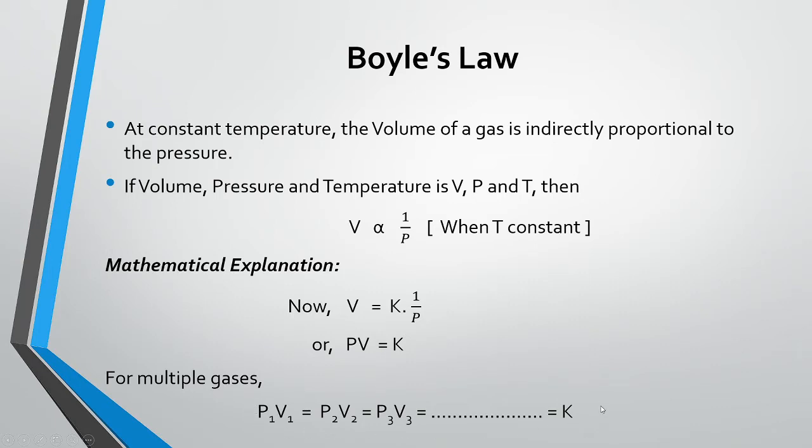The equation derived is that the product of pressure and volume is equal to a constant K. This is the mathematical explanation of Boyle's law.